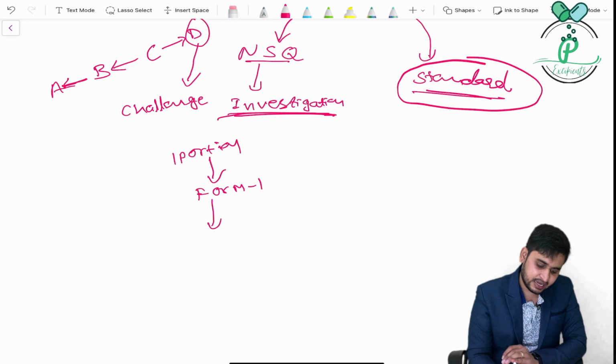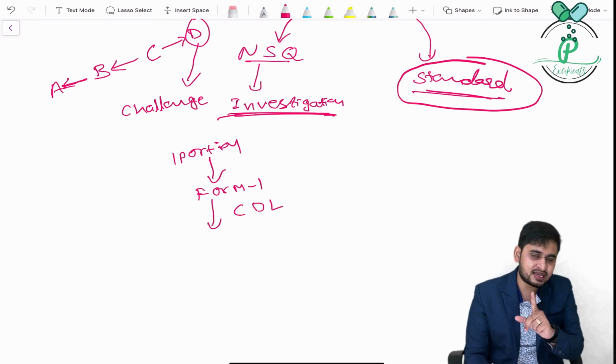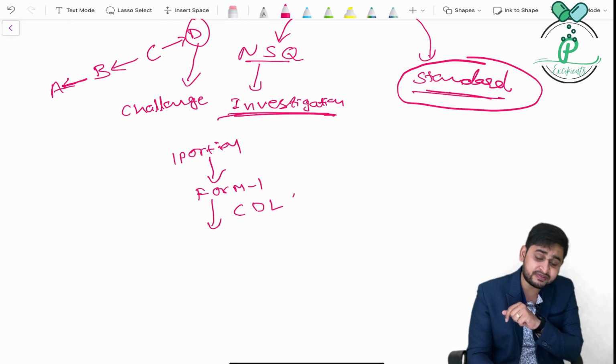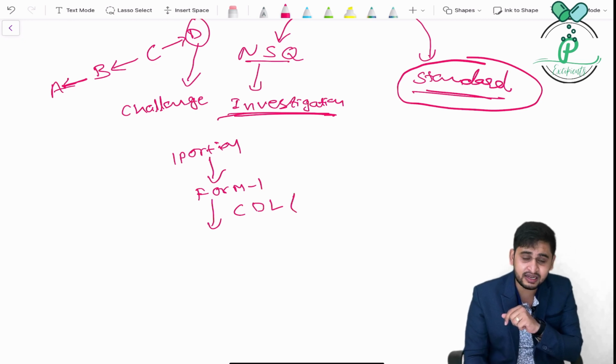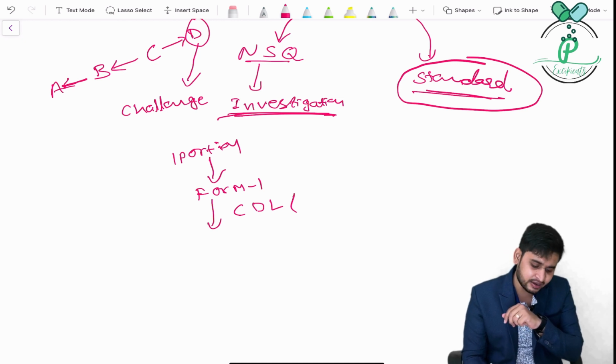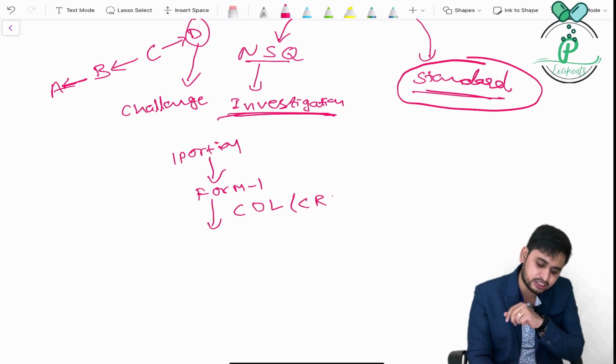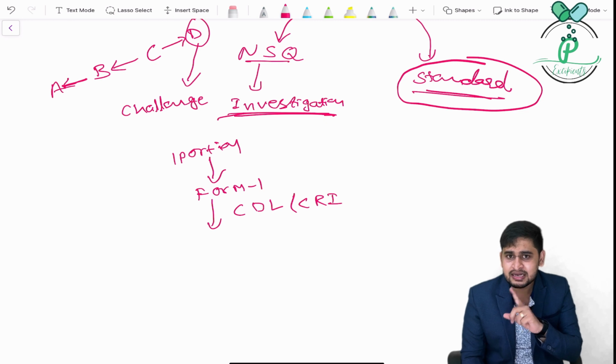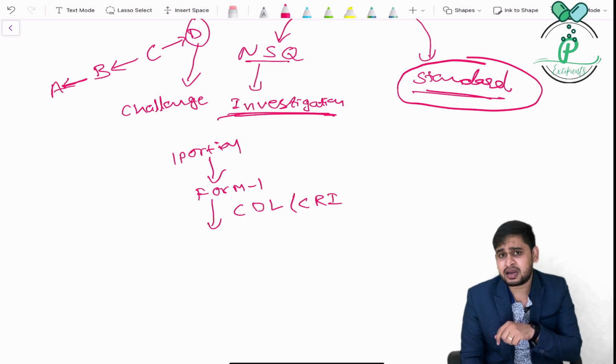The appellate laboratory is CDL. And for biologics, vaccines, etc., the testing facility is not available at CDL Calcutta, so it is sent to the CRI, Central Research Institute, Kasauli, right? So CRI is present at Kasauli, and CDL is present at Calcutta.